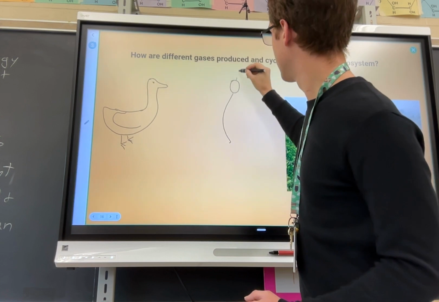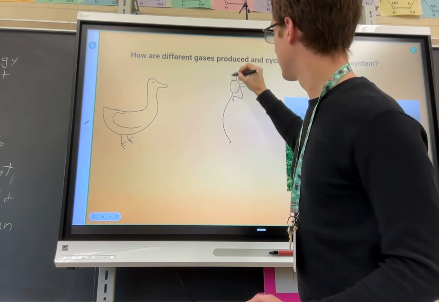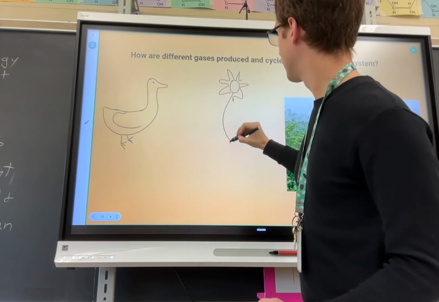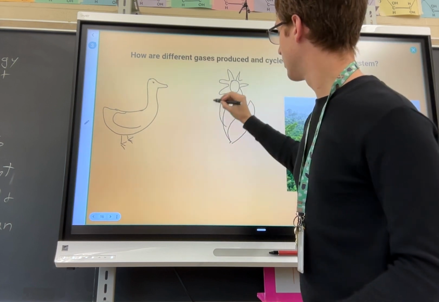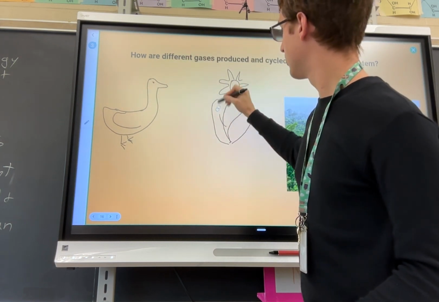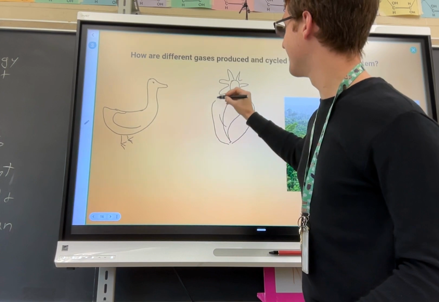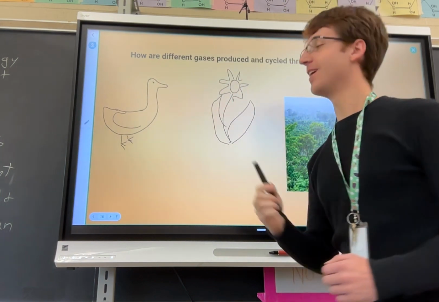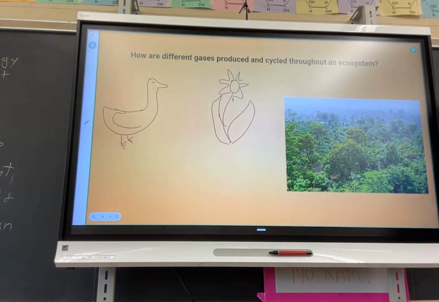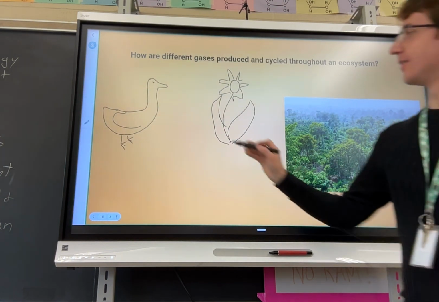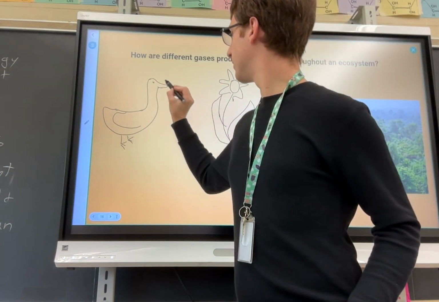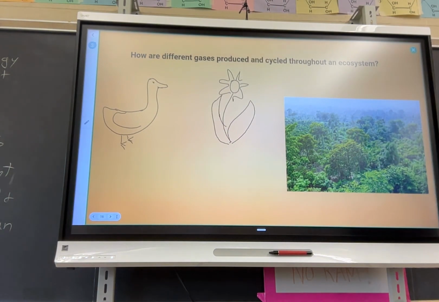That's a pretty good goose. It needs a smile. Can you give it a... Relax. Okay. Give the goose a smile. There you go. So we have our plant and we have our animal.